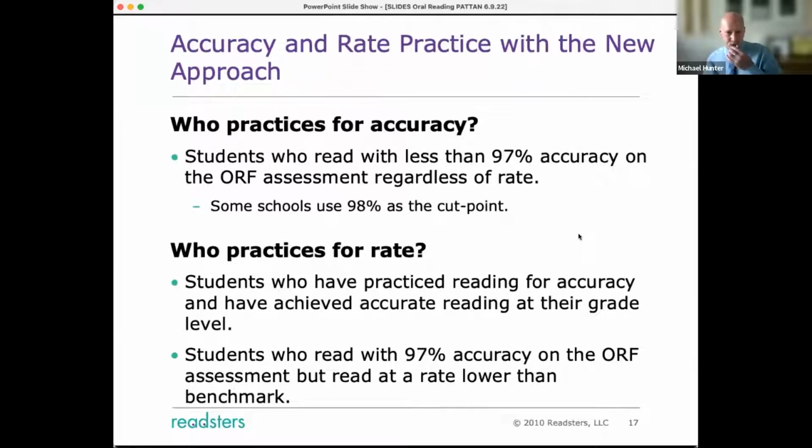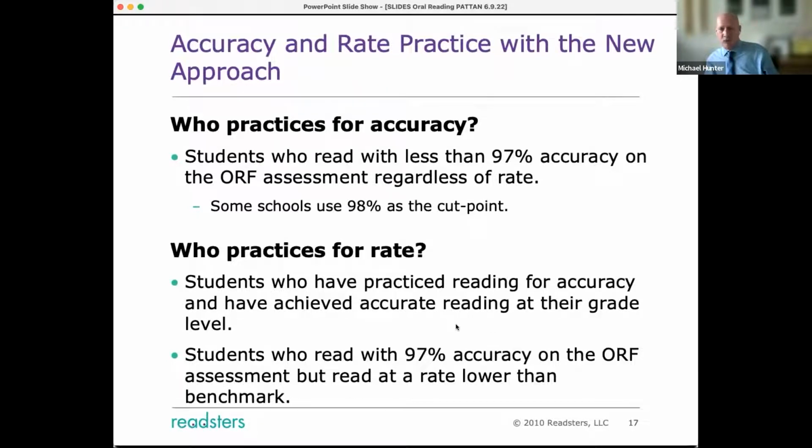Who practices for rate? For rate, any student who is reading accurately, but not fast enough, and we want to get them faster, and any students who have had reading accuracy practice and have achieved that 98 or 97% accuracy and are still reading slowly.